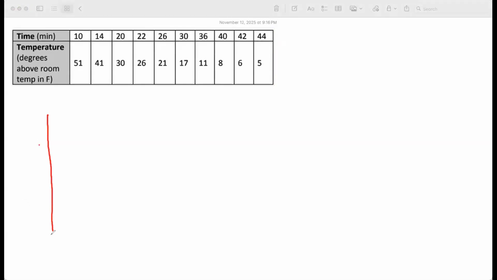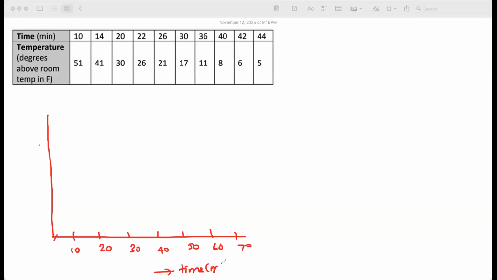So what is going to happen here? An ordinary linear graph, I'm going to plot 10, 20, 30, 40, 50, 60, 70. This is the time in minutes. This is the temperature. So let's first see what happens to this graph. Time is on the x-axis, temperature is on the y-axis.